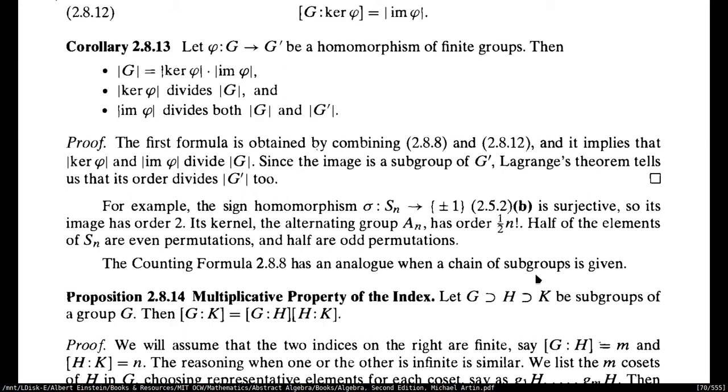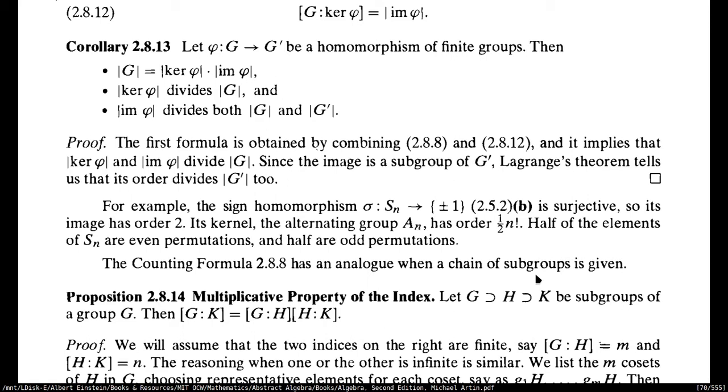Okay, so they give an example of the sign homomorphism, which I've seen before. The sign homomorphism assigns plus or minus 1 to a permutation of n elements, right? The sign homomorphism is surjective, so its image has order 2, just 2 elements.